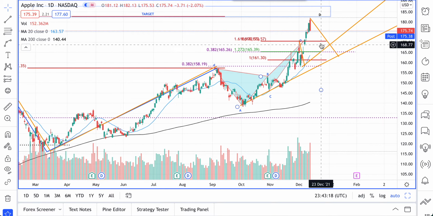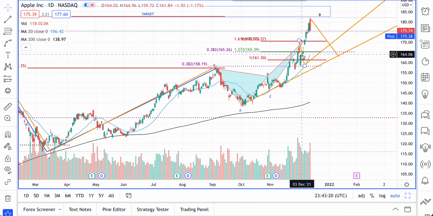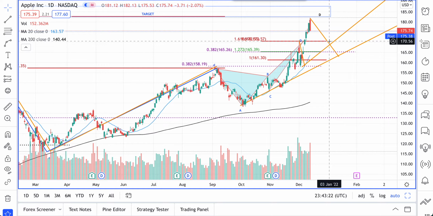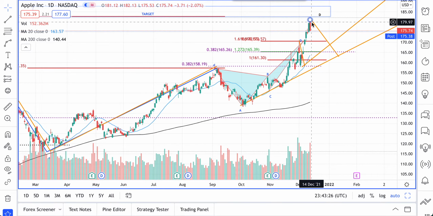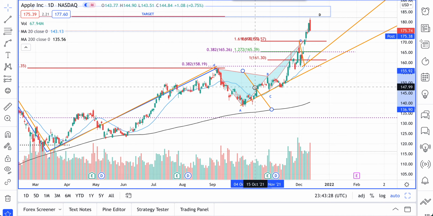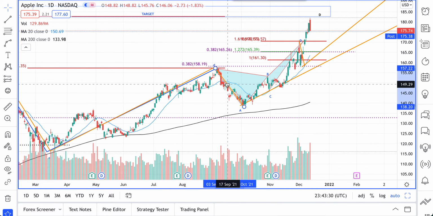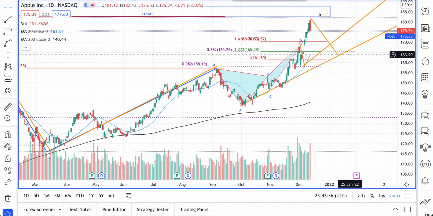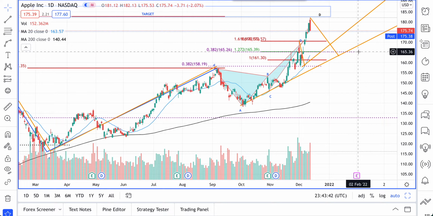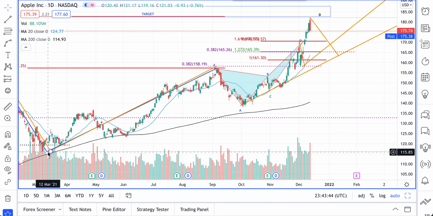The area we are looking at is about $170, which would be equivalent to this pullback. Then the pullback in this ABCD was equivalent to this, so that will bring us down to around $163. So 165 to $163, because 165 is also the 38.2% Fibonacci retracement of this low.